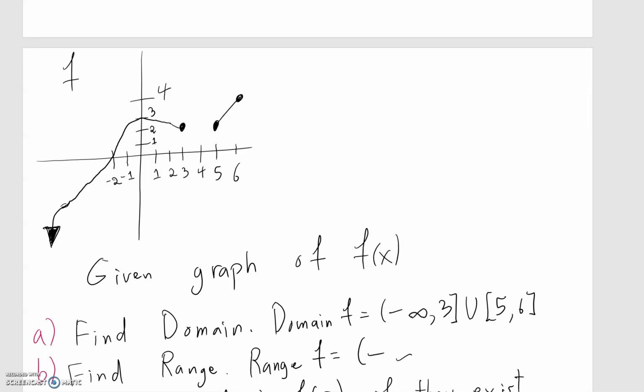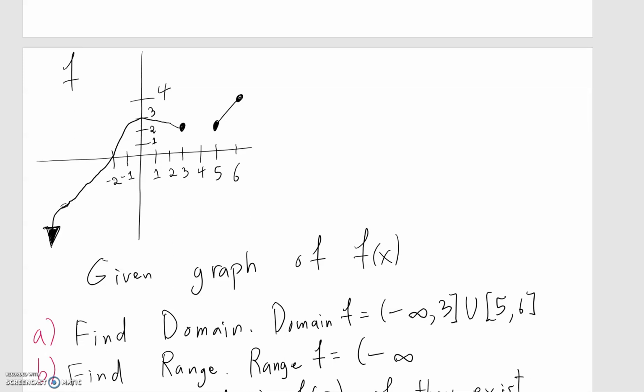So I have to have this for part of my answer in interval notation. And then what? You'll notice that the graph goes all the way up to 3, then it goes back down. But then from 5 onwards, what happens? The graph goes up all the way to positive 4.